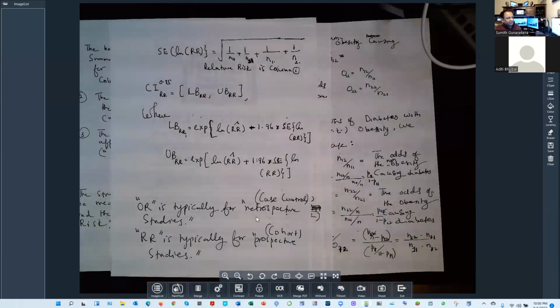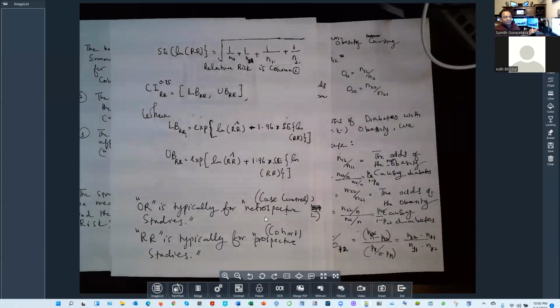OR is typically for the retrospective studies or the case control studies. RR is typically for the prospective studies. Retrospective means past data, data that has already been recorded. Prospective means for the future. Right now we do something prospective; the other one is retrospective. OR is used for the retrospective study.